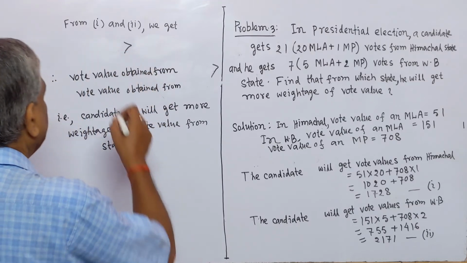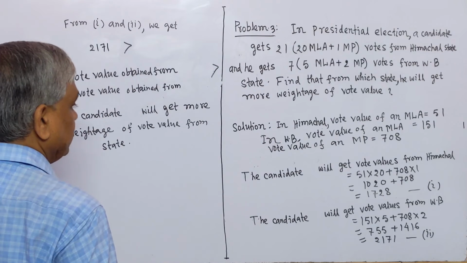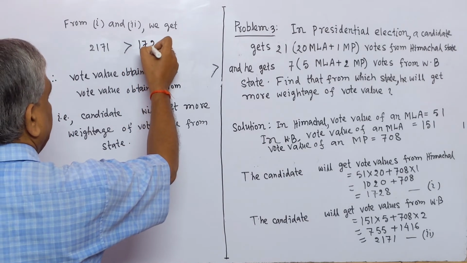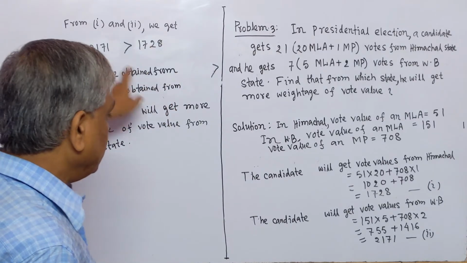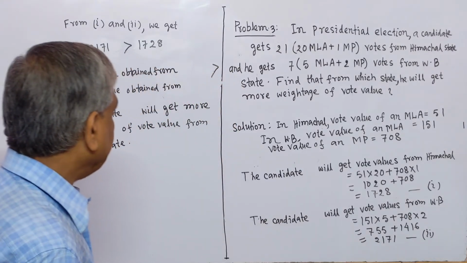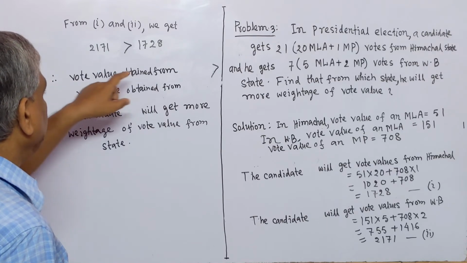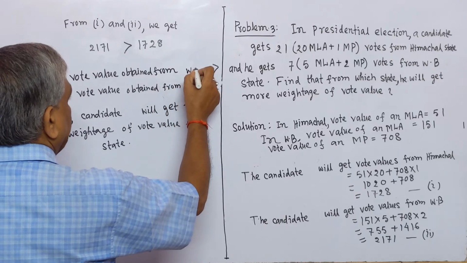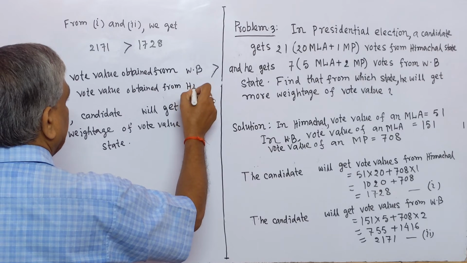Means 2171 is greater than 1728. And this is the figure from West Bengal. So the vote value the candidate will get from West Bengal is greater than vote value obtained from Himachal.